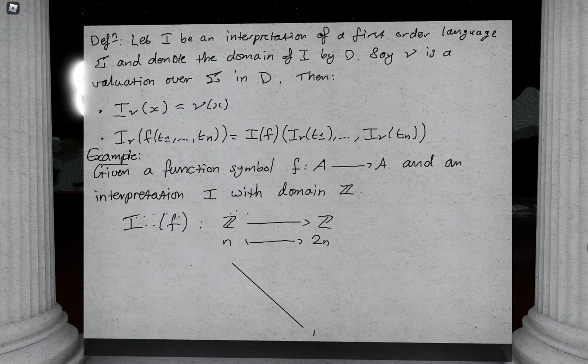Oh yeah, I'm just saying that if you're interpreting the function symbols, there's no valuation present there. Do you understand what I mean? Not for the function symbols. Yeah, not for the function symbols, but for the terms. Yeah, for the term, yeah. Right. Oh, so you just wanted an example of an interpretation.